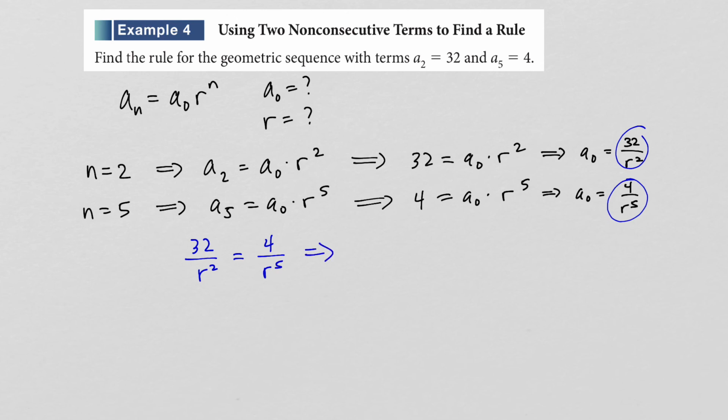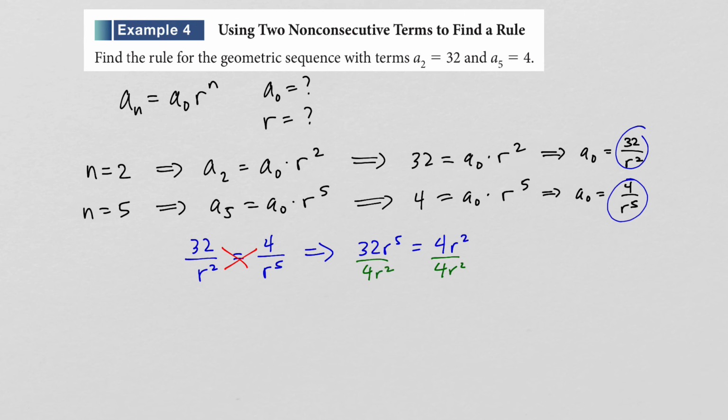If I cross multiply, we get 32 times R to the 5th must be equal to 4 times R squared. And then the easiest way to solve for R is to just go ahead and divide both sides by 4R squared.